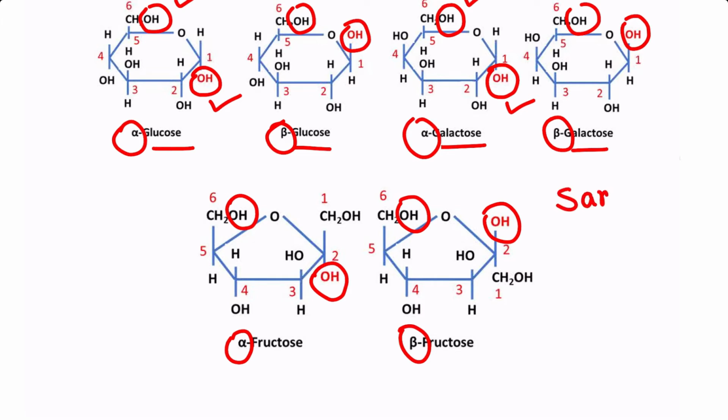So in beta configuration, they are on the same side. In alpha configuration, they are on the opposite side. I hope this is clear for you till this part.